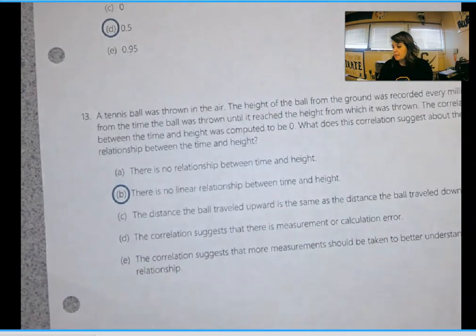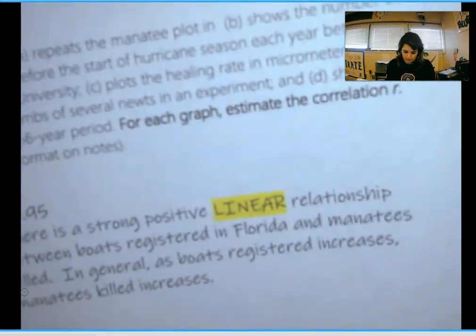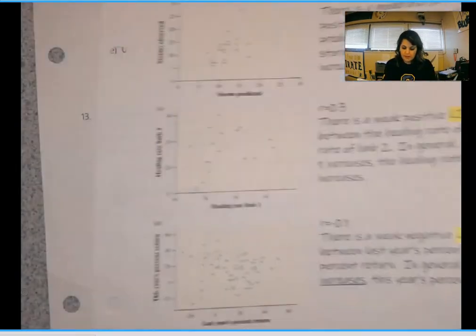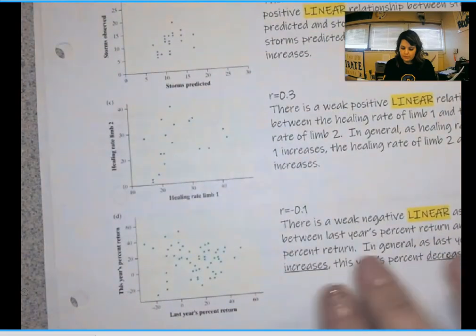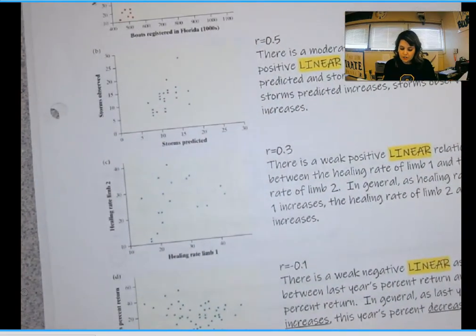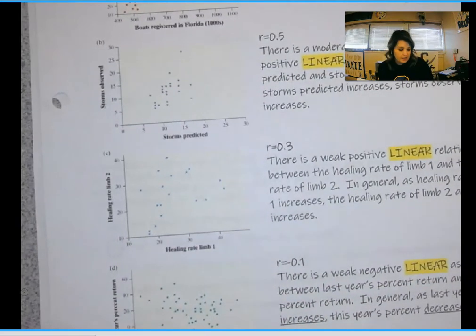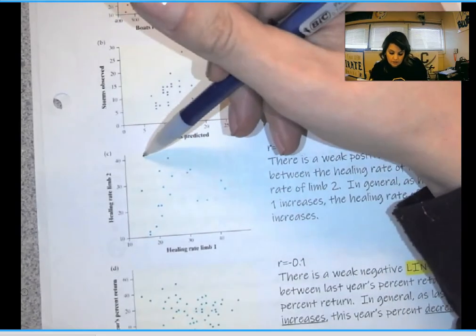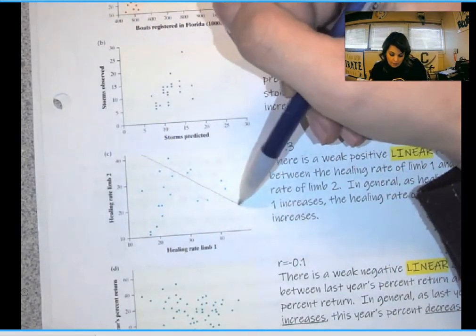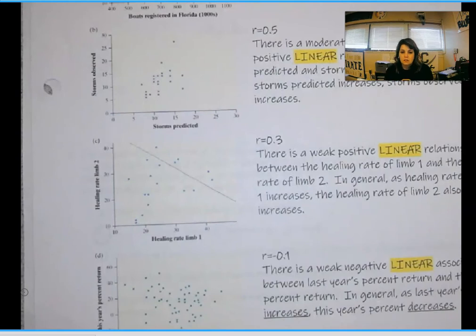Okay, the last thing that I wanted to tell you, which is something I should have told you at the very beginning, has to do with the limb problem. I struggled with the limb problem because at first when I looked at it, I thought that it was negative. I was seeing this. I wasn't seeing the positive correlation.